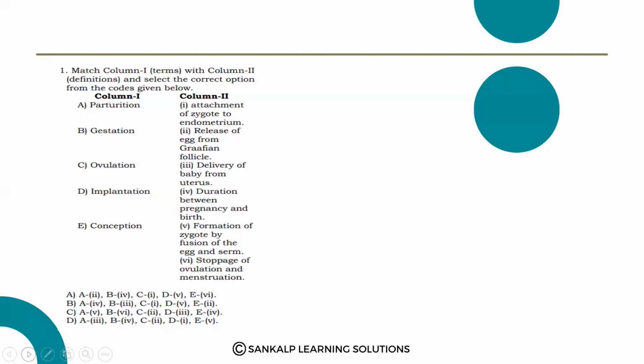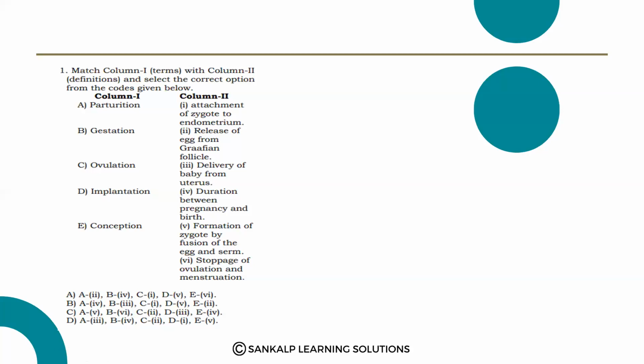The first question goes like this: match column 1 terms with column 2 definitions and select the correct option from the codes given below. Column 1, I am reading it: parturition, gestation, ovulation, implantation, and conception. Column 2, you can see the respective definitions.